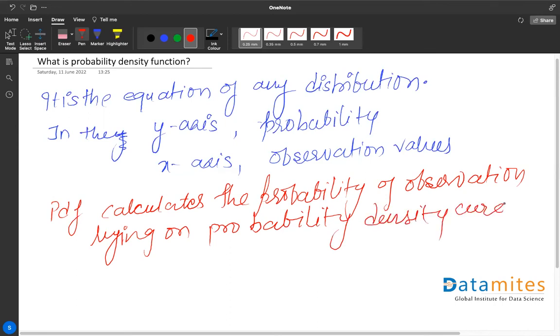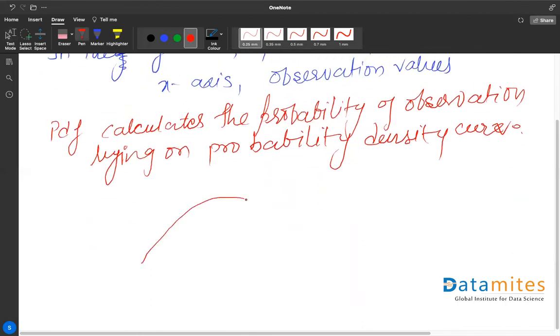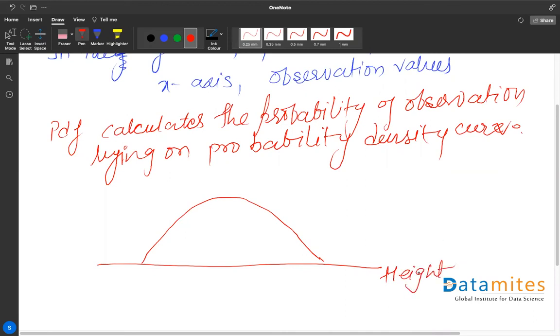If I represent this, let's assume I have a curve like this. I took samples, did some analysis, and found the distribution of the samples is like this. Now I want to know, if a new observation comes, say this is height data, what is the probability of that new height being present on this curve.